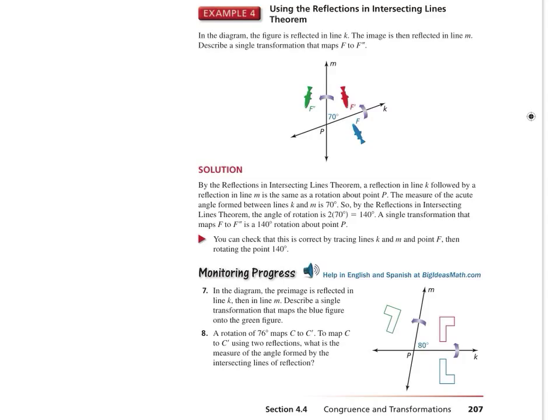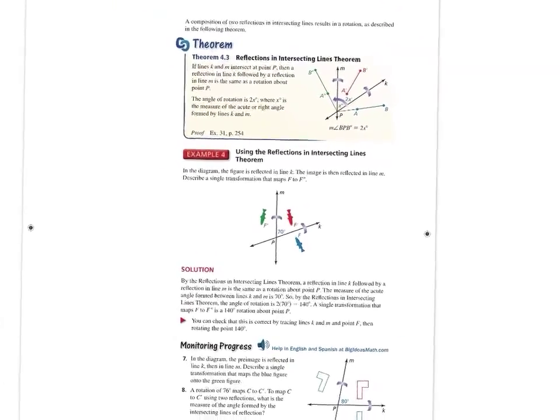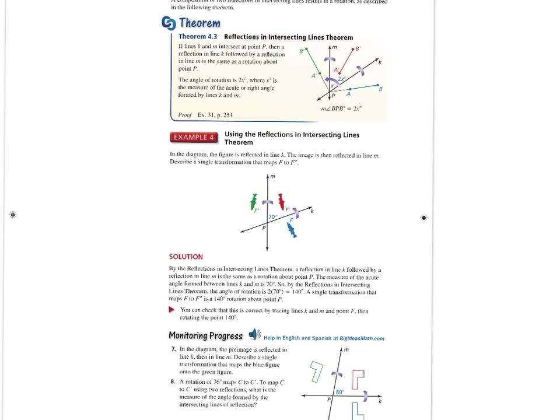And then we have our example 4, which has to do with the second theorem in this section. The second theorem has to do with reflections in intersecting lines. What this says is if I reflect across two lines that intersect, it's the same as a rotation about point P, which is the point of intersection where the two lines intersect.